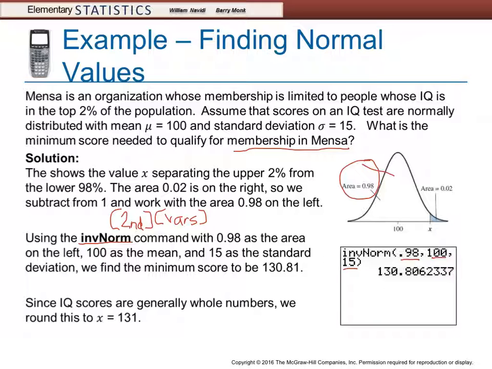When we hit enter, we get x to be approximately 130.80. And again, since IQ scores are generally whole numbers, we round up. Now we don't always round up if the value of x is on a continuum.